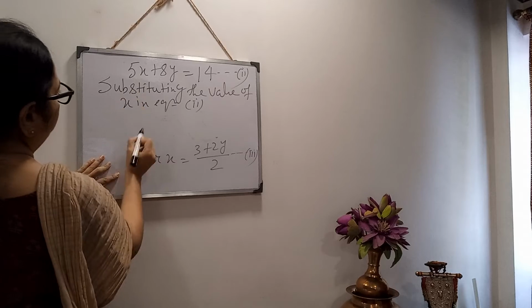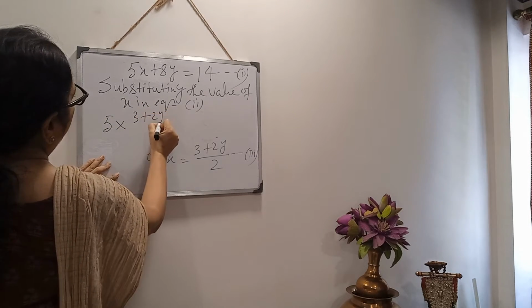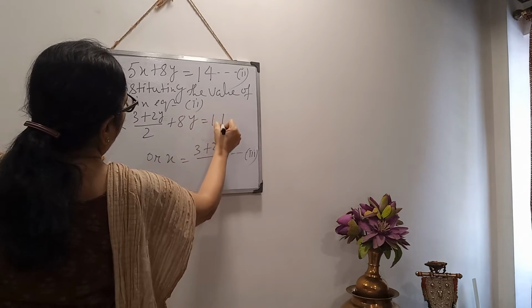So in place of x, I will write (3 plus 2y) by 2, so 5 times (3 plus 2y) by 2 plus 8y equals 14.